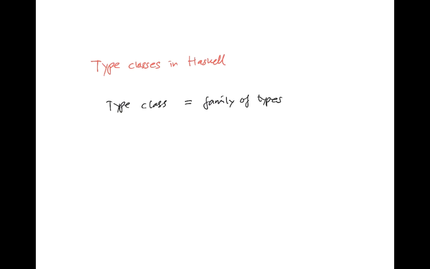We can then provide definitions of the overloaded operations that are associated with a class, and we're going to describe this now. There's one thing that I would like to emphasize here: there are certain analogies with the world of object-oriented programming, but it's not the same thing we're talking about.